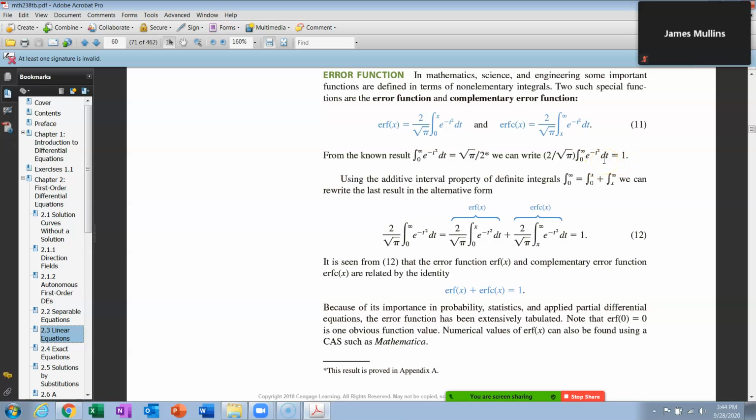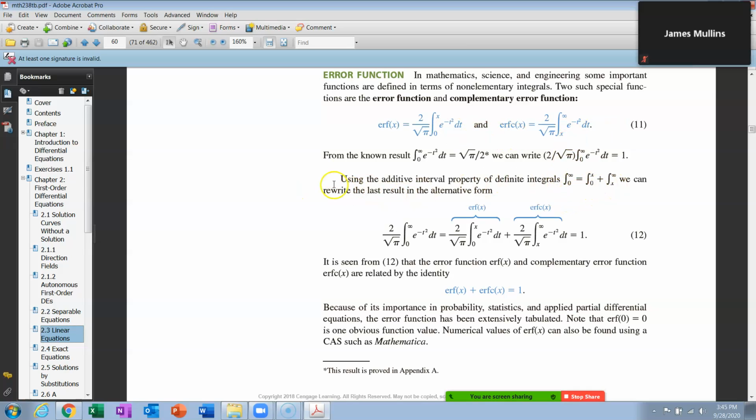Now, they say we can write this. What we mean there is to add this to that, and that's what they're doing here. They're leaving off the integrand, but those are exactly the same in both cases.